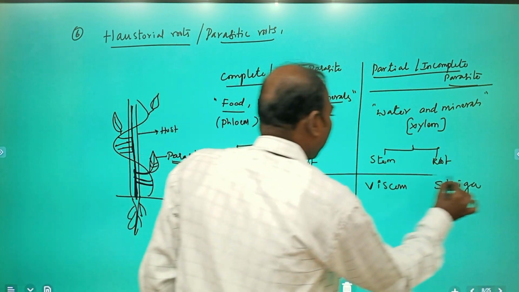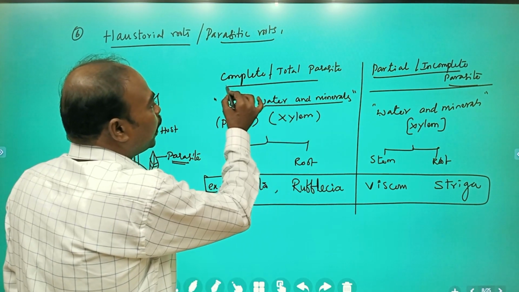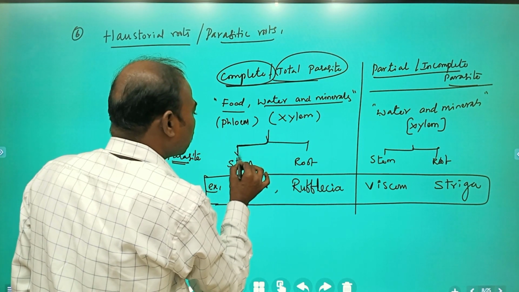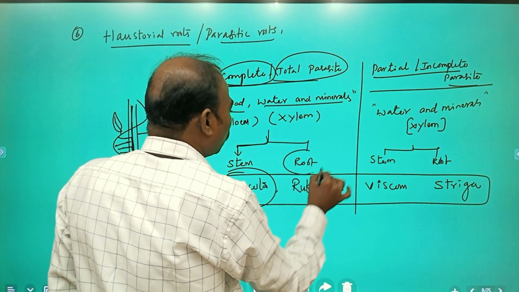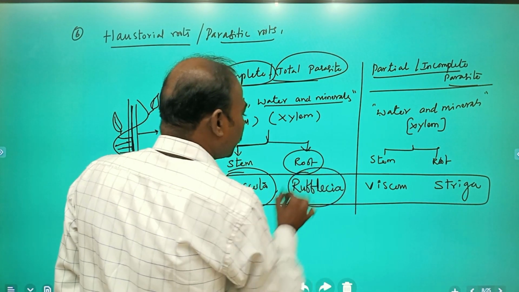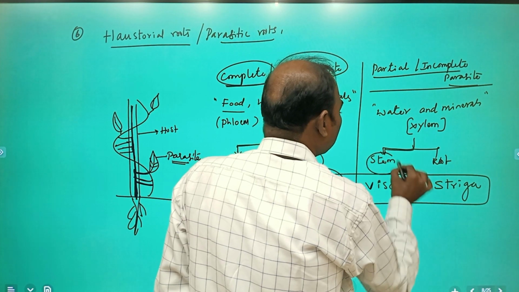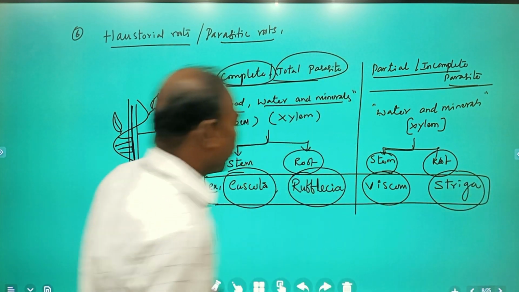So make sure that the complete or total stem parasite is Cuscuta, complete or total root parasite is Rafflesia, partial stem parasite is Viscum, partial root parasite is Striga.